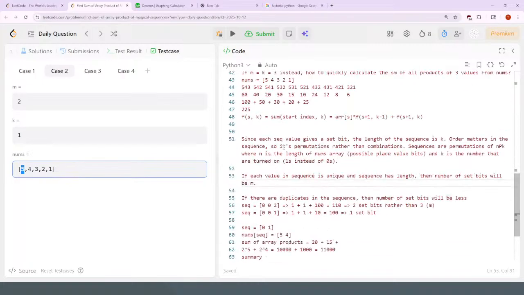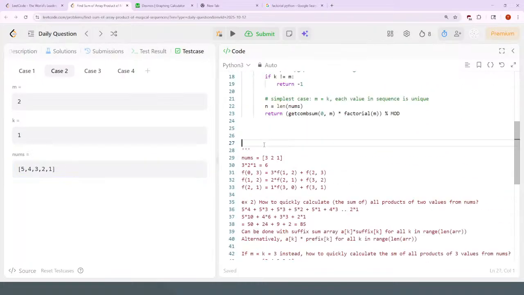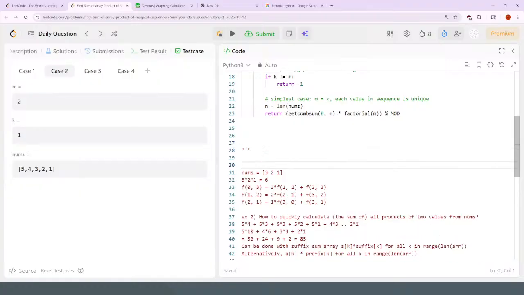So let's say, where's the code here? So let's do the more general difficult case where the sequence has duplicate values, bits will merge.